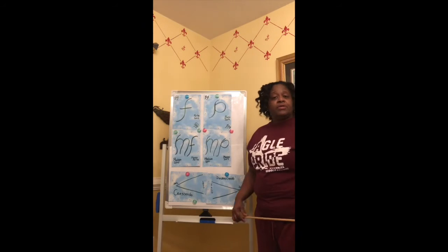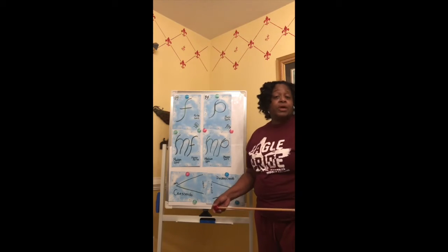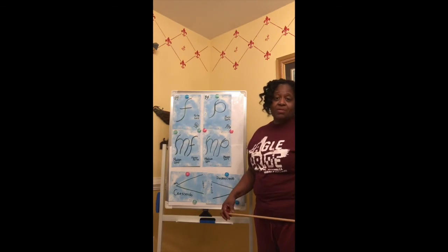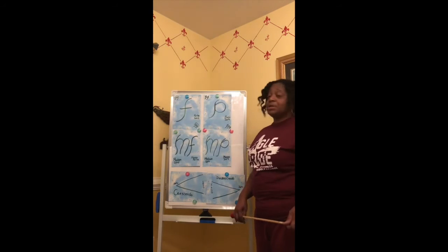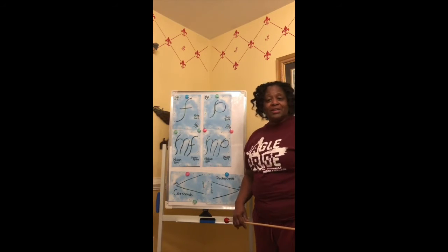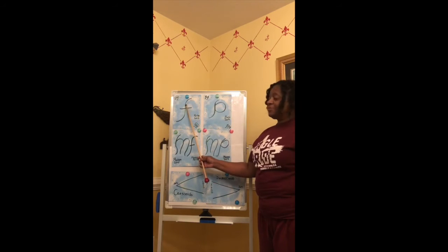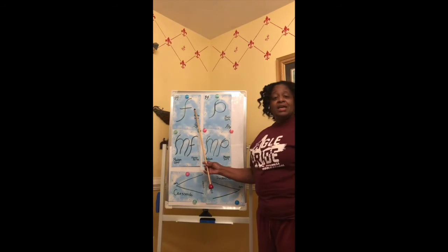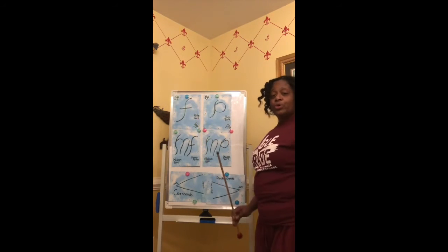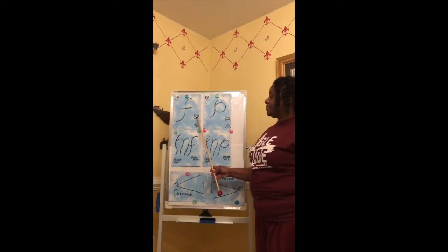So, if the composer, or the arranger, or the songwriter wants you to be loud, then they're going to use this symbol, which is a fancy F, and it is a symbol for an Italian word, forte.